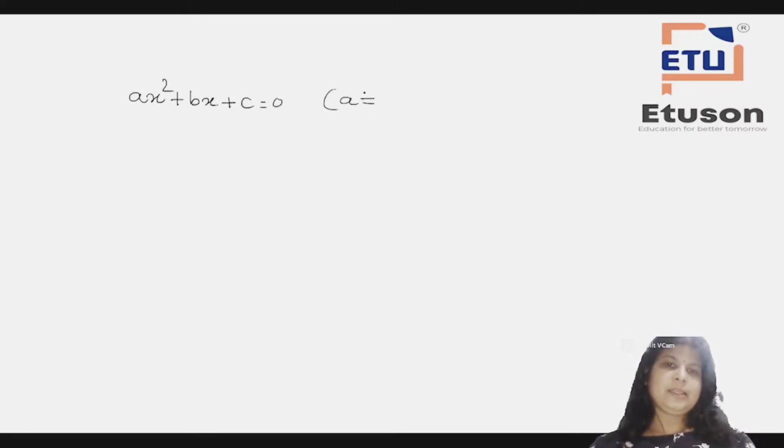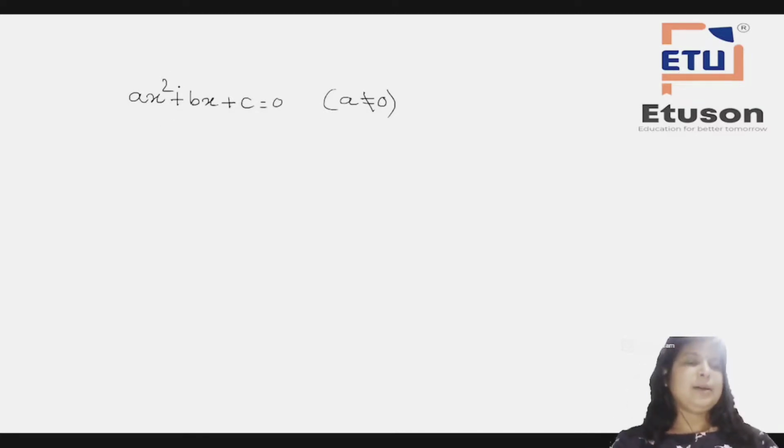So as we know, what is the generalized form of a quadratic equation? That is ax square plus bx plus c is equal to 0, where a is not equal to 0. A cannot be 0. If a is 0, then the x square term won't exist. So a should not be equal to 0.